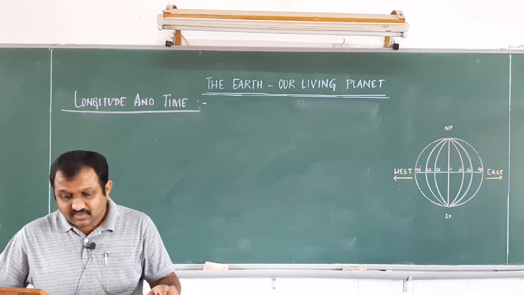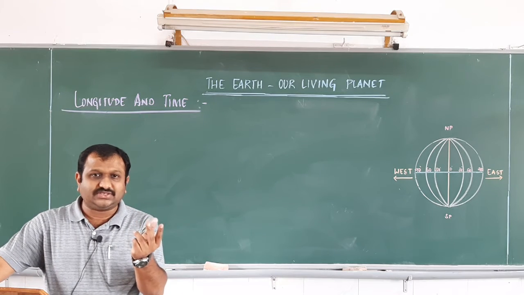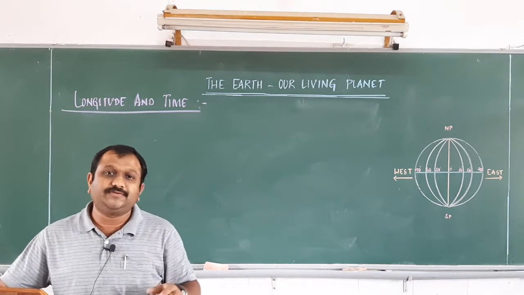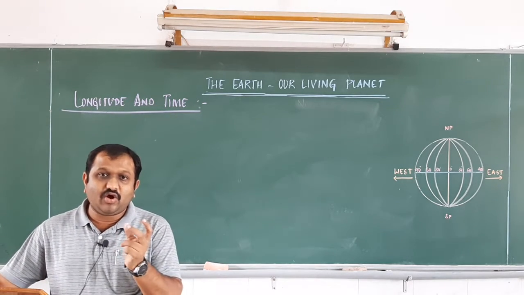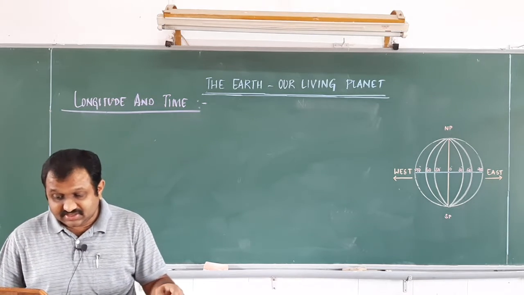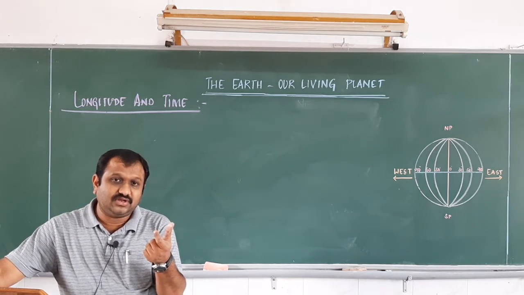Yes, the earth, as you all know, is rotating on its own axis. It's a 5th standard concept you all have learned. It is just like a spinning top. It is rotating on its own axis, isn't it? It completes one rotation in a day.